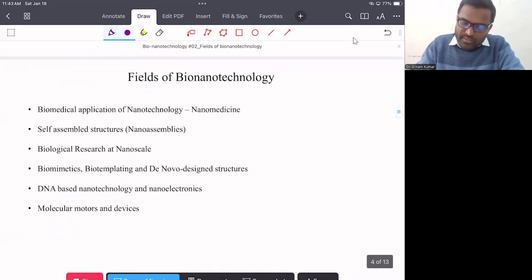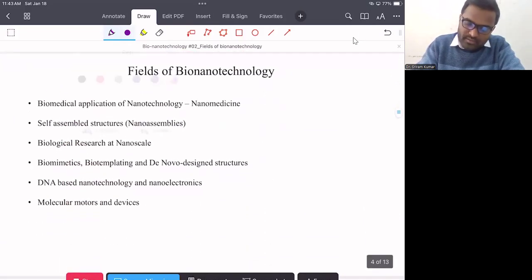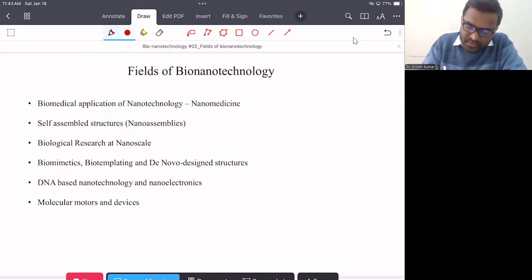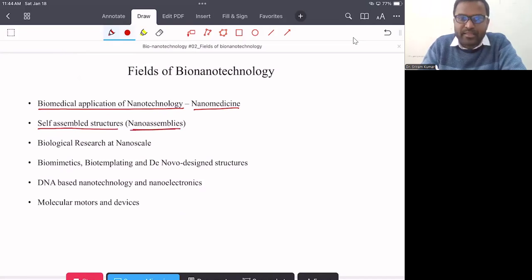Okay, now let's understand what the fields of bionanotechnology are. In bionanotechnology, we understand the biomedical application of nanotechnology, and that is biomedicine. The second field is self-assembled structures, that is, nano assemblies in bionanotechnology applications.